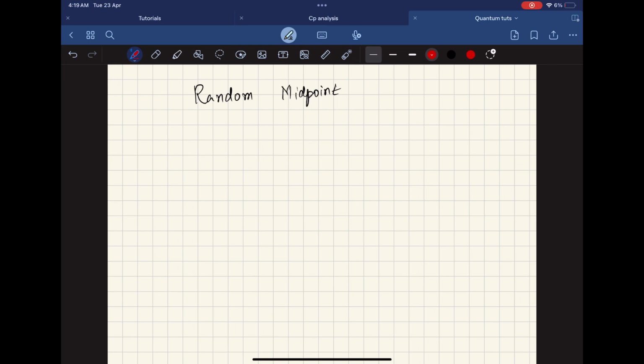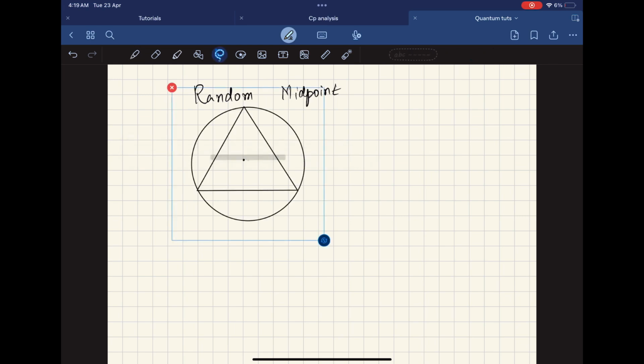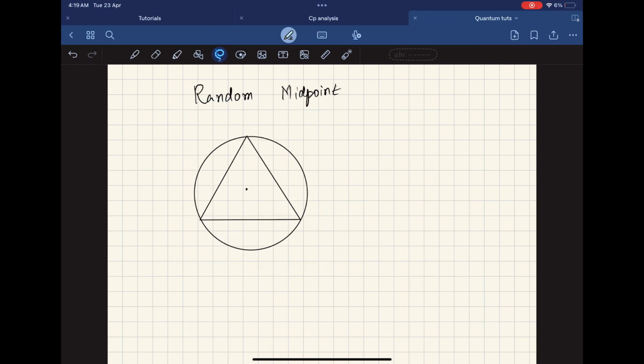It's known as the random midpoint case. In this one, Bertrand proposed an idea that if I know the midpoint of any chord, let it be this one, I can create my chord distinctively, right? A chord can have only a unique midpoint.